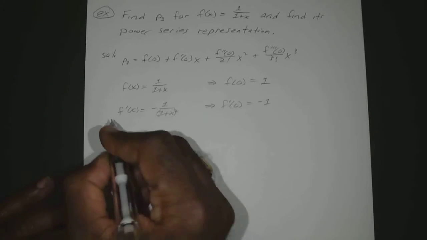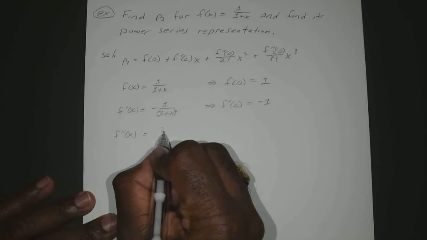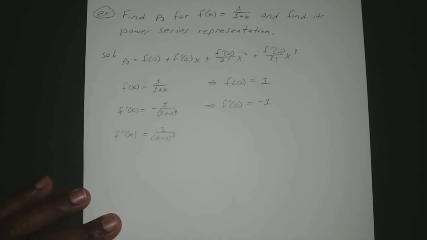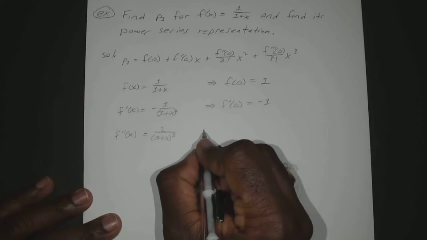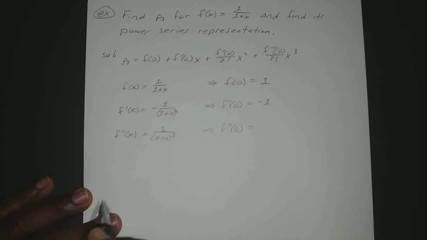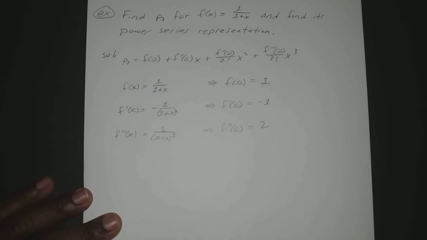Okay. Now our second derivative of x is equal to 2 over 1 plus x to the third. So that means our second derivative at 0 is equal to 2 over 1 to the third, which is 2.